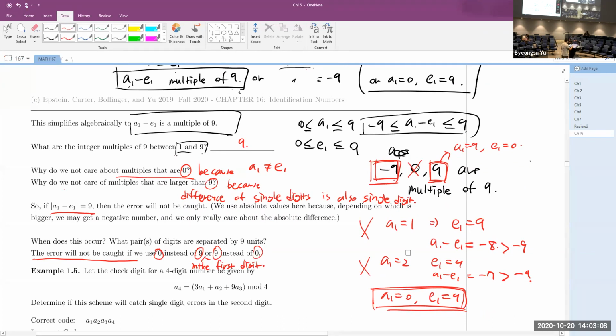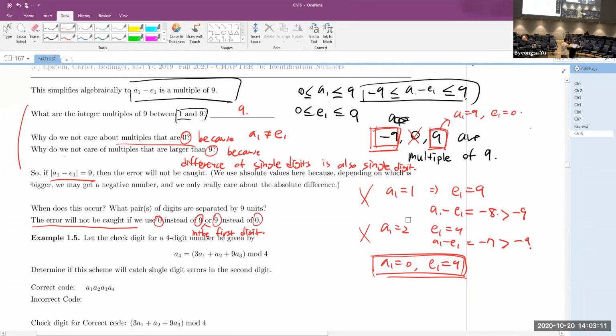So the last part is that from this calculation, what we can conclude is that the error will not be caught if we use 0 as E1 instead of 9, which is A1, or if we use 9 as E1 instead of A1, which is just 0.